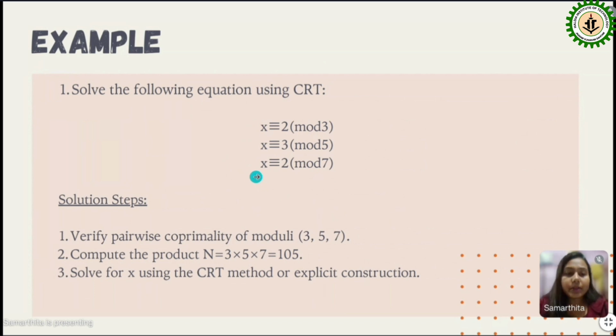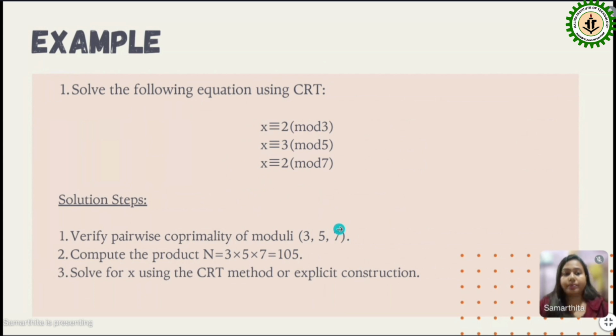There are a few solution steps. Step 1: verify pairwise co-primality of the moduli 3, 5, 7. Checking if they are co-prime, the GCD of 3, 5 and 7 is 1, meaning 1 is the one and only common factor. So they are co-prime.